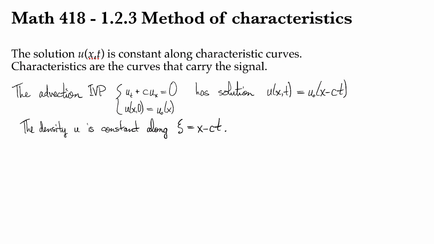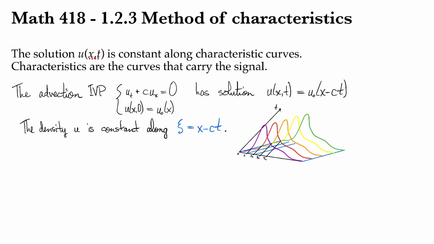So this is our characteristic curve right here. And if we go back to the picture that we looked at before, then you see that along these blue characteristic curves, which I've sketched here in blue, the function u, the surface generated by stitching all these curves together, remains constant.